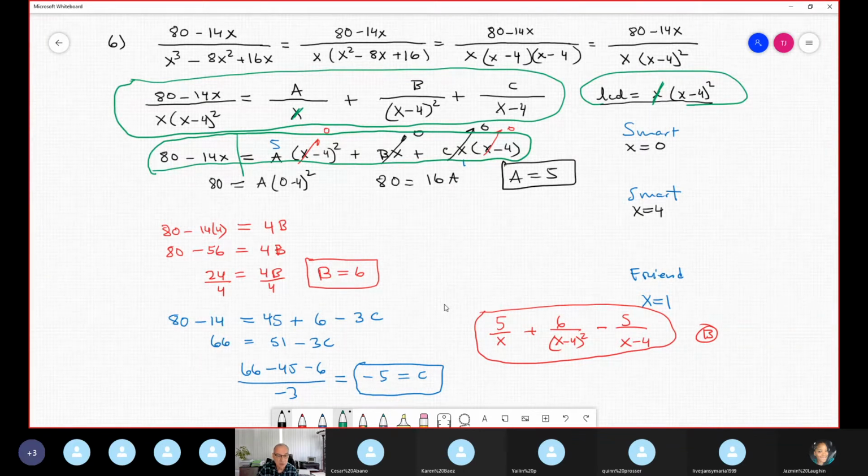And the second, I'm using another color. When you multiply the LCD by the second, it's obvious that x minus 4 squared is cancelled, and it stays only 1x times B. Finally, when you multiply by the third one, x minus 4 is cancelled. Stay only x minus 4 times x, and multiplication by C. I don't know if this is your question or not, Sean.